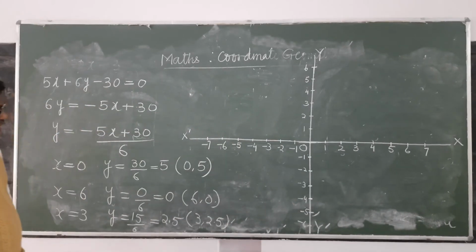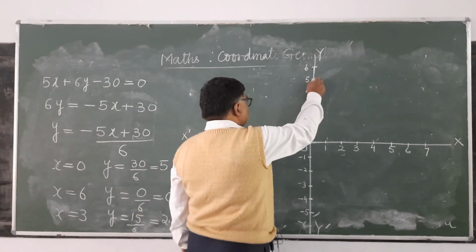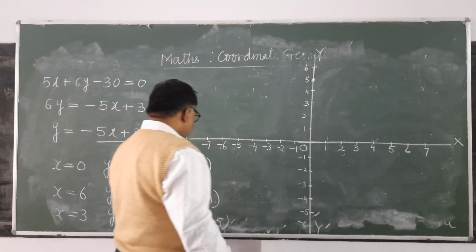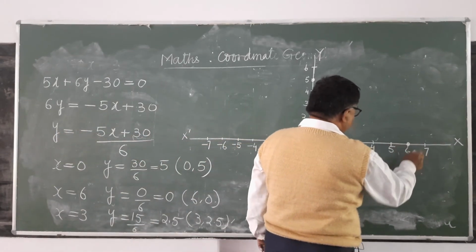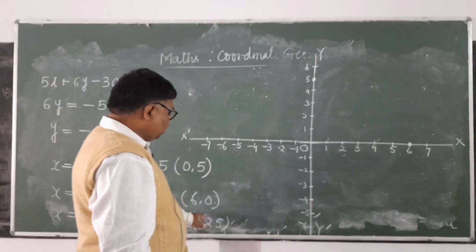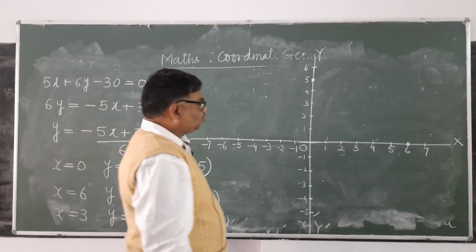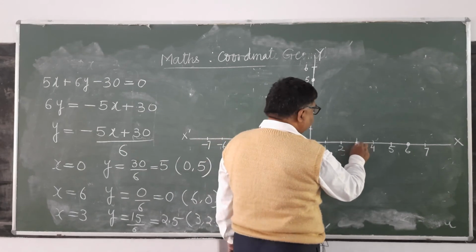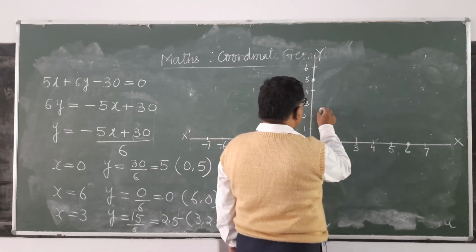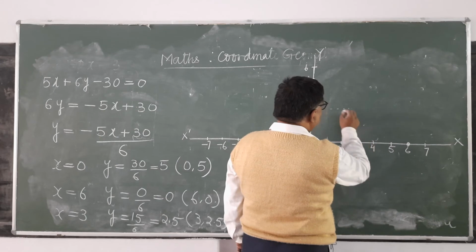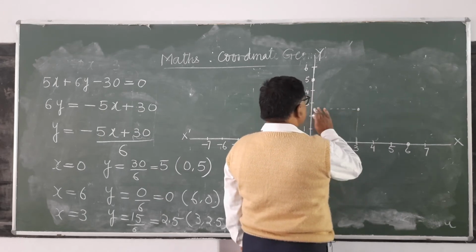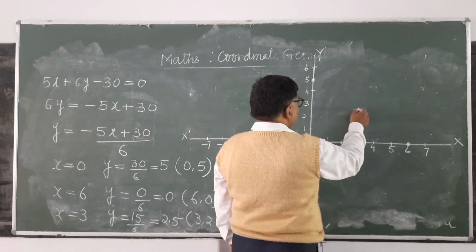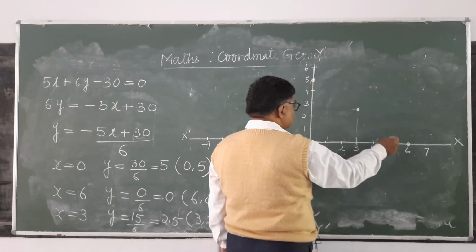This way. Now you plot the point 0 comma 5, it will be this point on y axis. It is clear. Then 6 comma 0, 6 comma 0 will be this point. Then 3 comma 2.5 means 3 on x and 2.5 on y. It will be somewhere here, this point. So these are the 3 points. One point is this, other is this, and third is this.